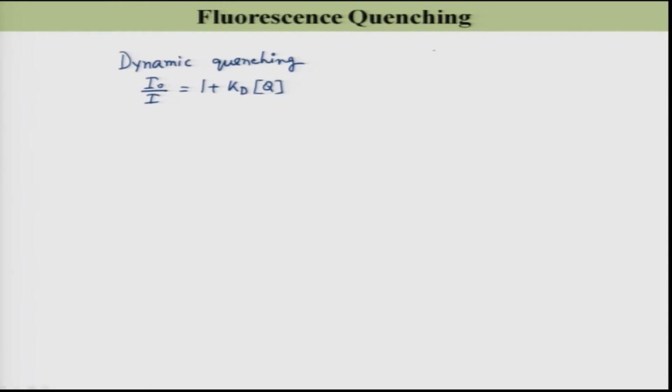The other type of quenching I discussed is static quenching, and in this case the equation is I0 by I is equal to 1 plus Ks times the concentration of quencher.